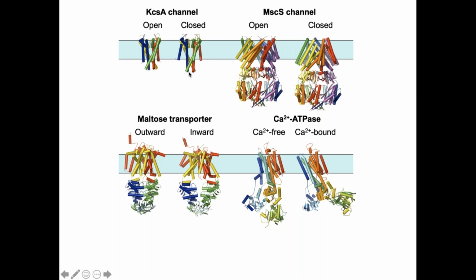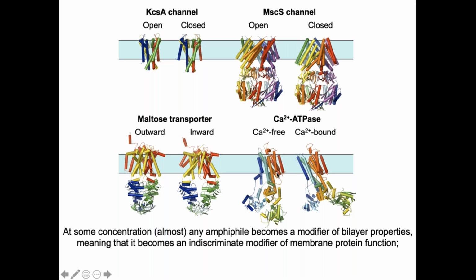And the basis for this, of course, is that membrane proteins undergo conformational changes, and that is a general feature not only of gramicidin channels. Here you see structures of KcsA, the first selective channel, whose structure was elucidated in Rod MacKinnon's laboratory, the MscL channel, the one I showed you earlier, a maltose transporter, and the calcium ATPase from sarcoplasmic reticulum.